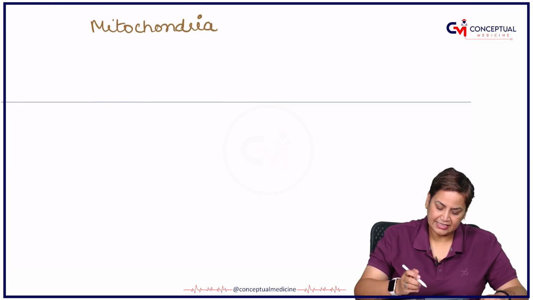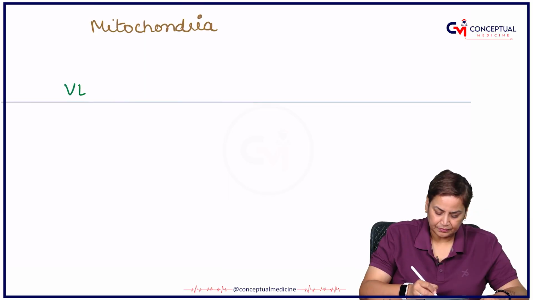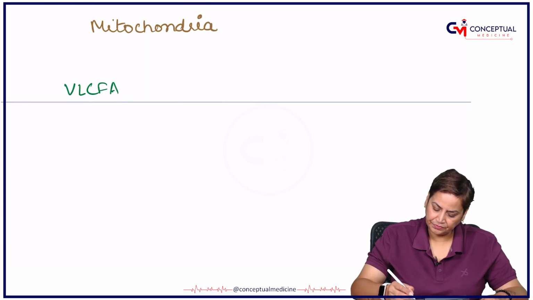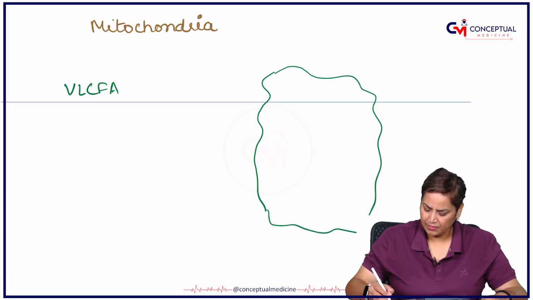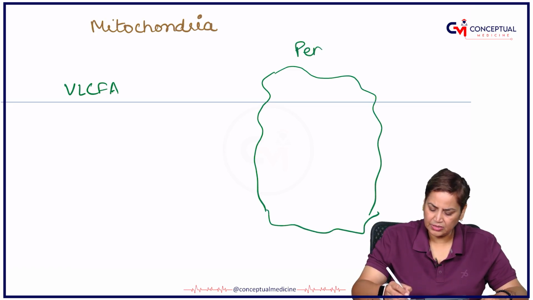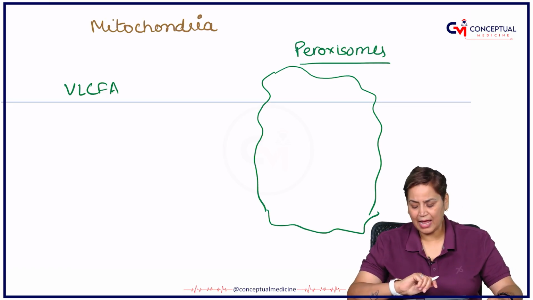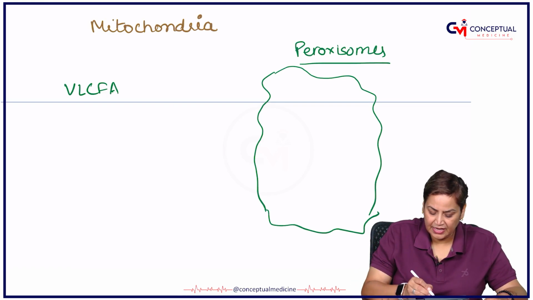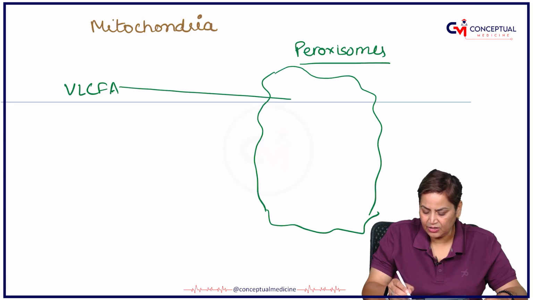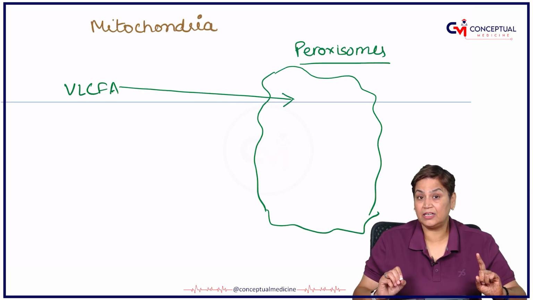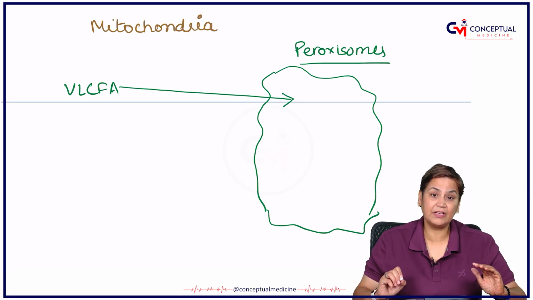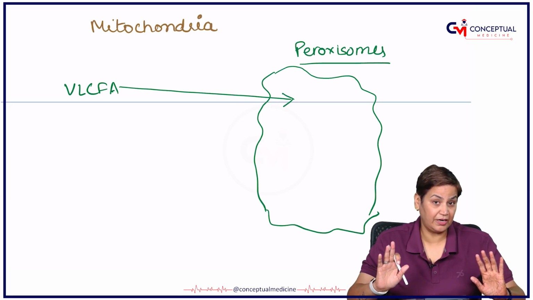So, I can say that suppose VLCFAs are here and say this is the peroxisome. Now, what will happen is that these VLCFAs will enter into the peroxisomes. Now the main difference with mitochondrial oxidation is that no carnitine is required here.